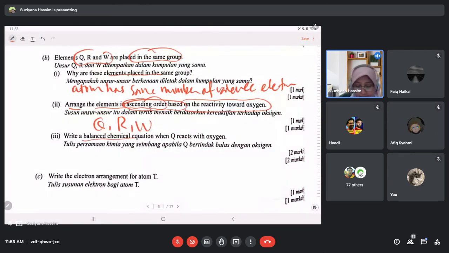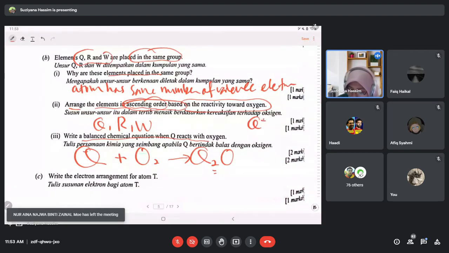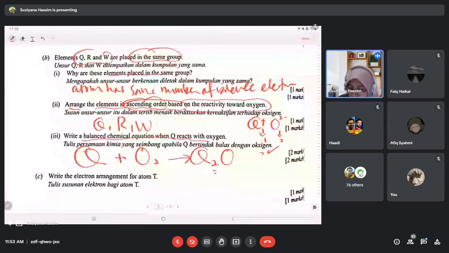Okay, now write a balanced equation for Q reacting with oxygen. Q plus O2, you get Q2O. Teacher, why get this one? Okay. Q positive, O2 minus, 1 down, 2 here. 2, 1.